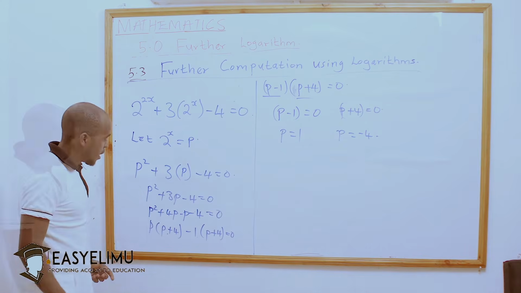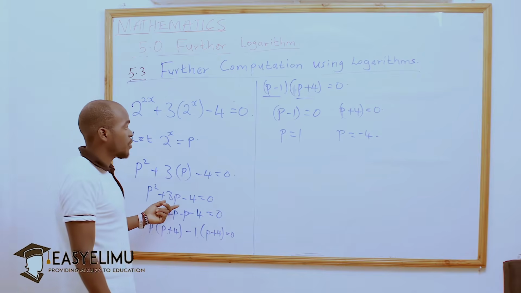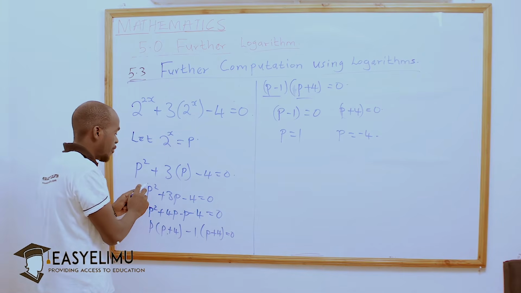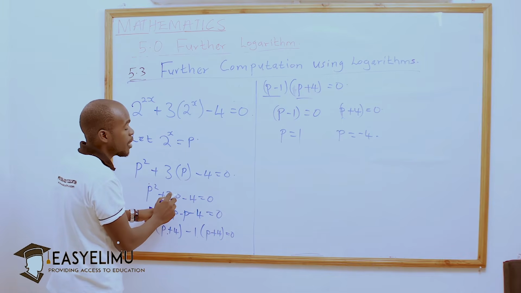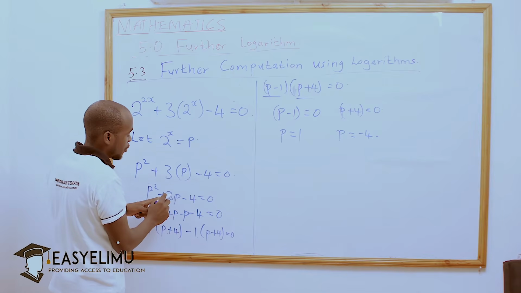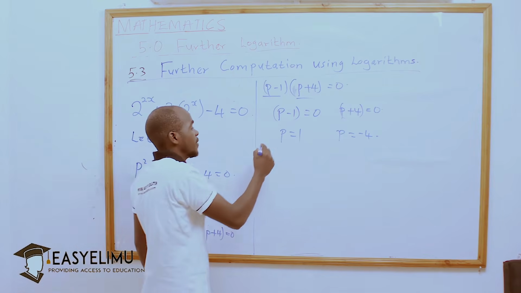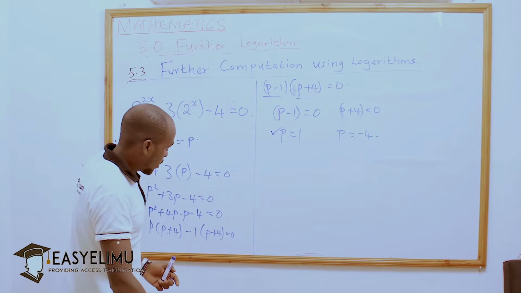After finding that, you may verify using your equation by putting in 1. If you take 1 squared plus 3 multiplied by 1, that is 3. 1 plus 3, you will get 4. 4 minus 4, you will get 0. So this one is okay. Let's verify the other one.